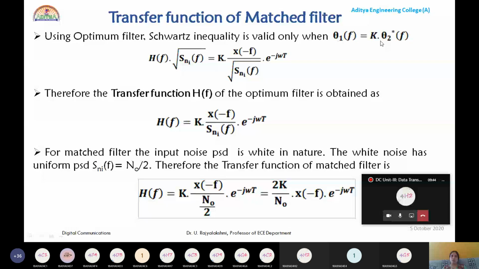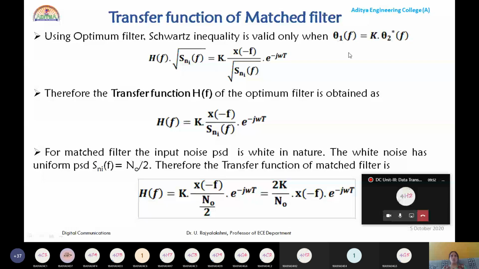And our theta 1 of f will be, for example, if you take the first function as theta 1 of f and second function as theta 2 of f, theta 1 of f will be k times that of theta 2 star of f, where star represents the complex conjugate. So we just substituted the assumed functions of the optimum filter.